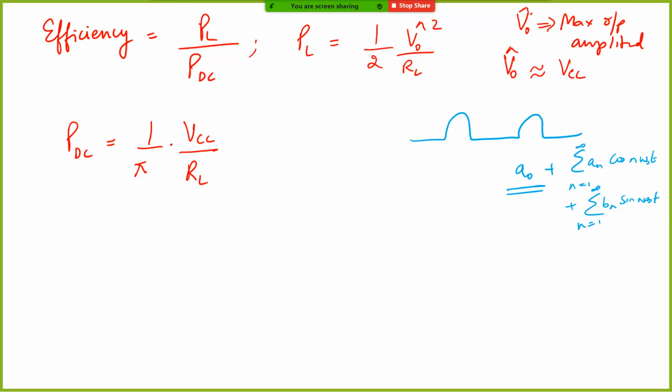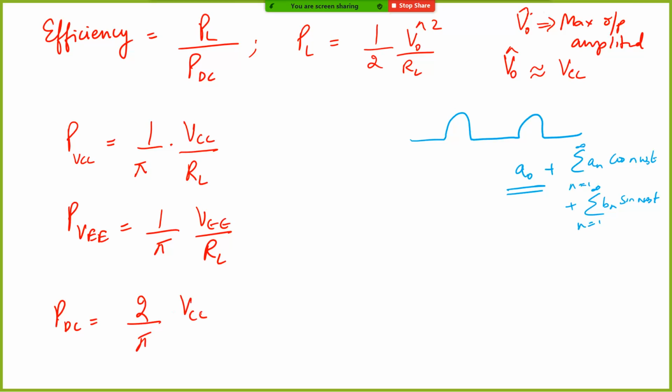So the power drawn from VCC is this much, and the power drawn from VEE is also this much. Therefore the total DC power can be taken as 2 by pi VCC by RL, again with VCC equal to minus VEE. So this is your DC power.